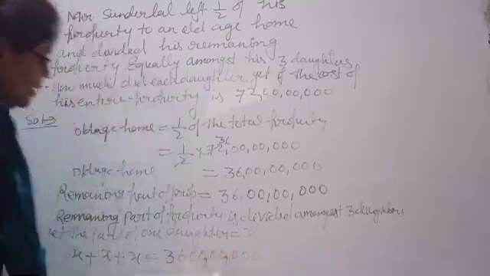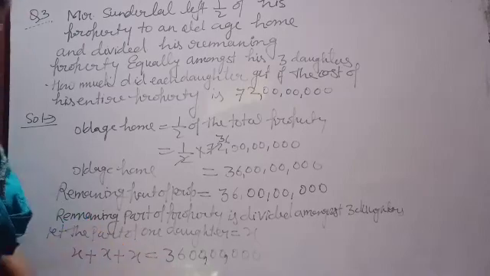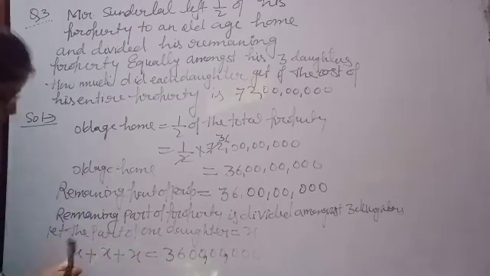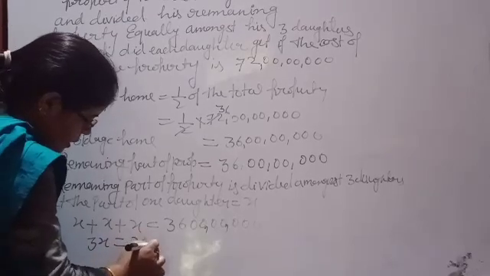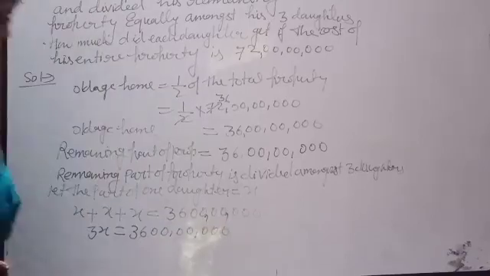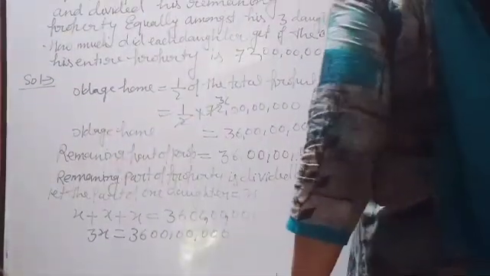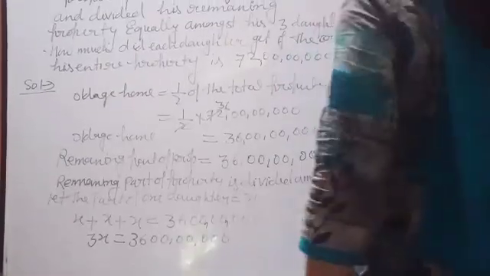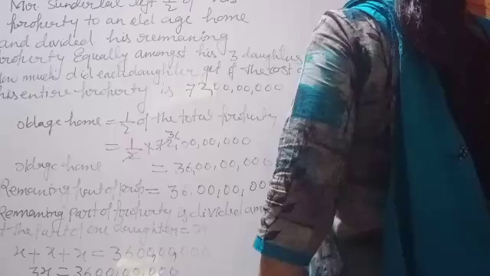Maybe everybody of you has understood up to here. Equally, 3 daughters will get this much of the part. So if we add the x's, how many x will it be? 3x is equal to 36 crore. So x is equal to 36 crore divided by 3.